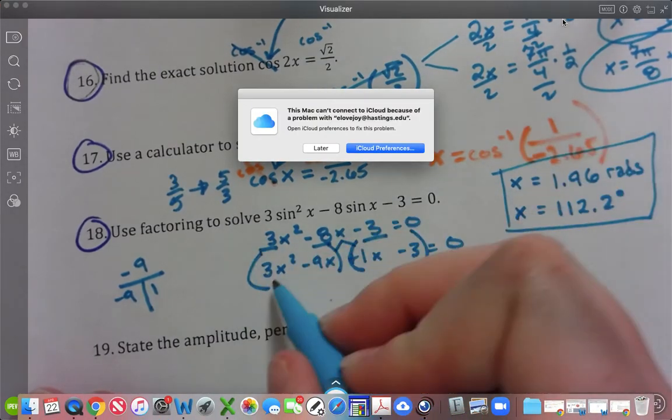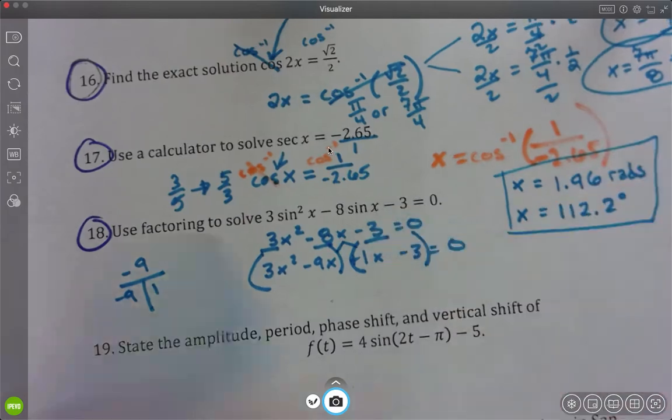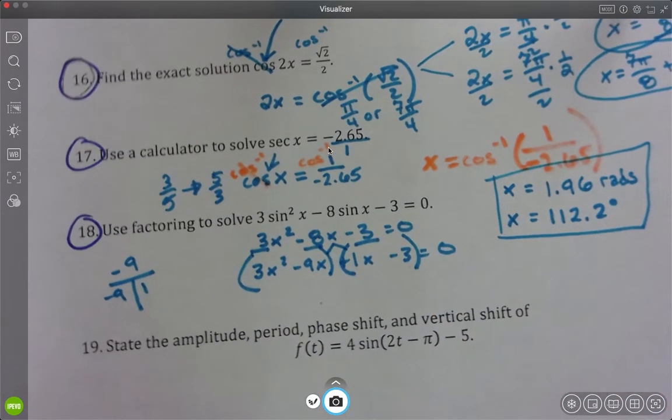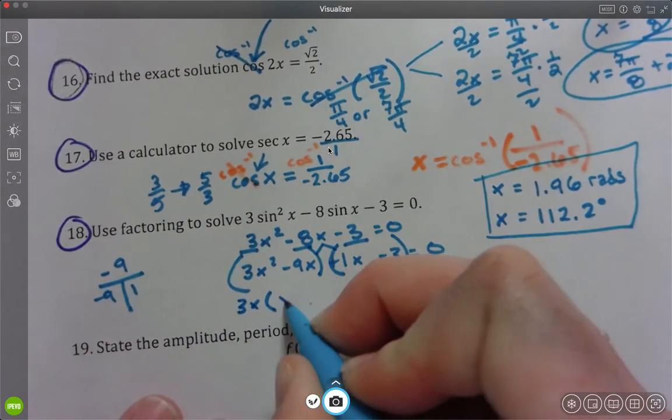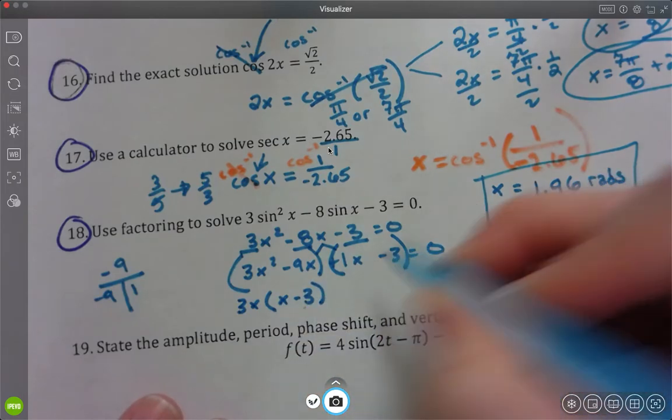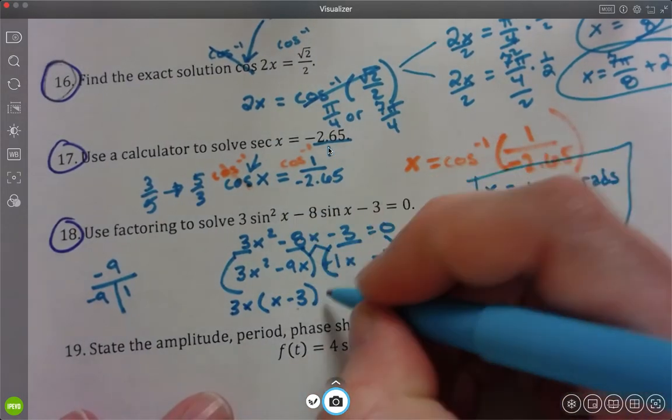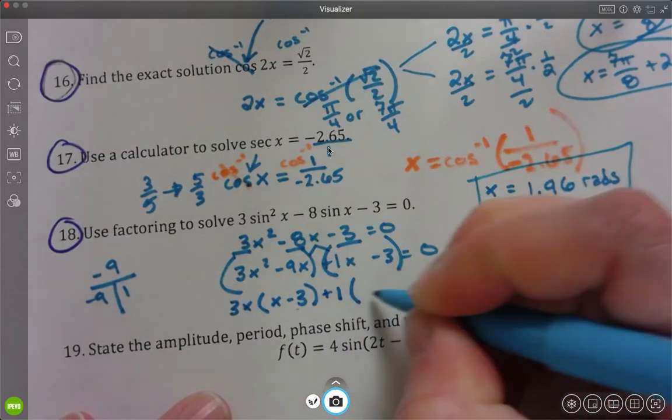So the first piece, what I can pull out of there is a 3x, and I'm left with x minus 3. And then out of the second piece, there's really nothing I can pull out, but you always have to pull something out, so I'm going to pull a 1 out, and I'm left with x minus 3.